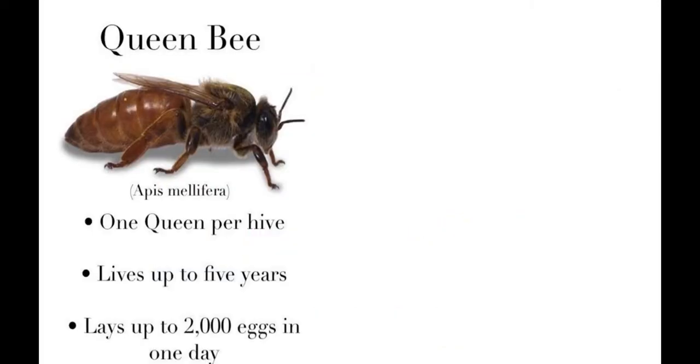Okay, let's go next. So what do we have? In a beehive, we have only one queen, and maybe 10,000 or 100,000 working bees. The queen bee lives here 5 years, but actually it lives up to 7 years. And every day it can produce 2,000 eggs.